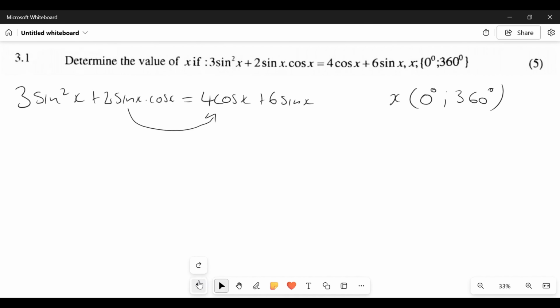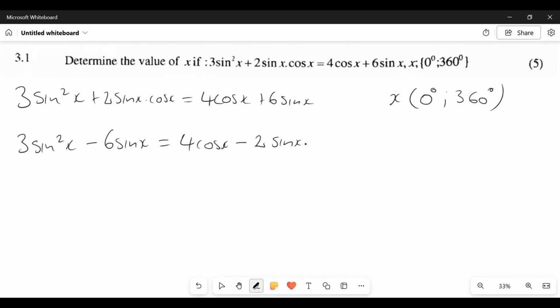So let's do it. We're going to have 3 sine squared x minus 6 sine x. So I took the 6 sine x to the left hand side, and then we say equal to 4 cos x, and then we're going to have minus 2 sine x multiplied by cos x.